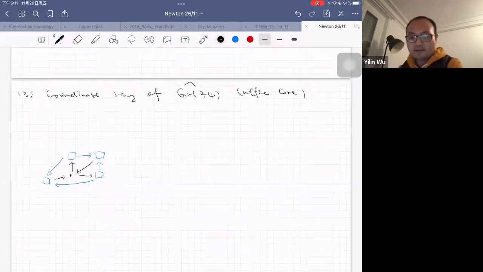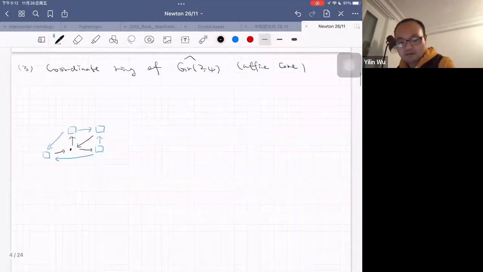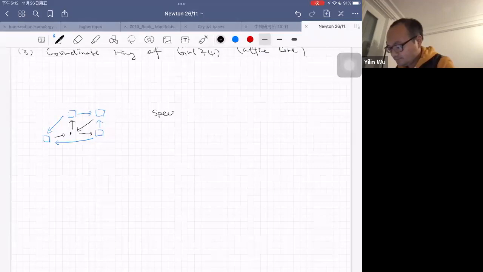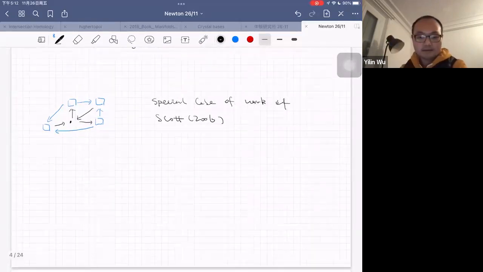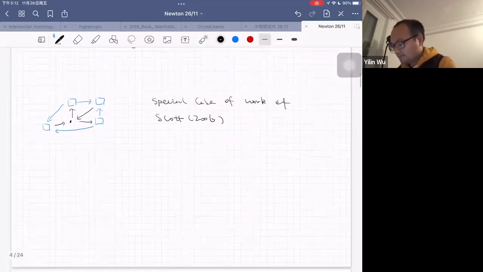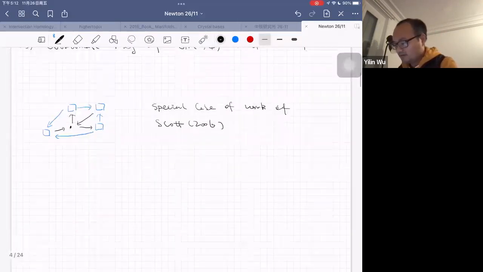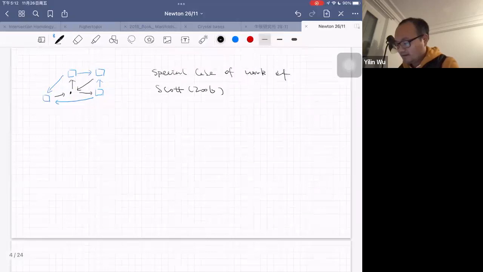This is a special case of the work of Scott. So this is the definition of cluster algebras, and then we consider the additive categorification.